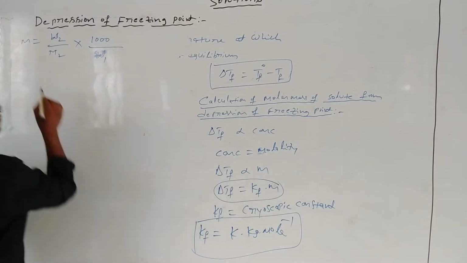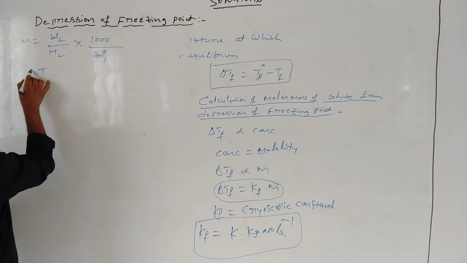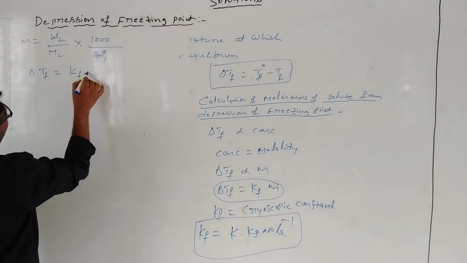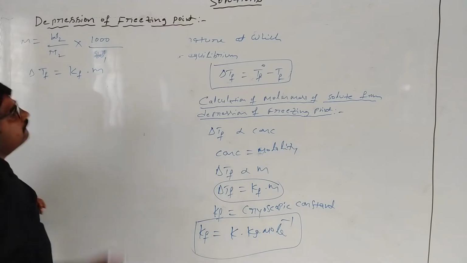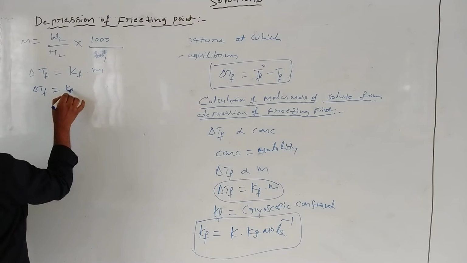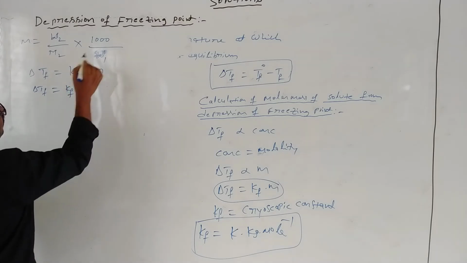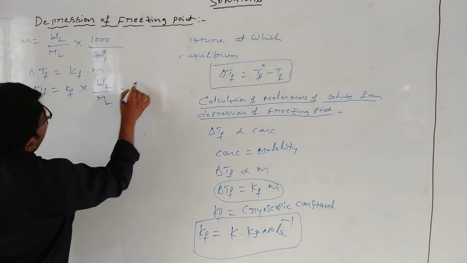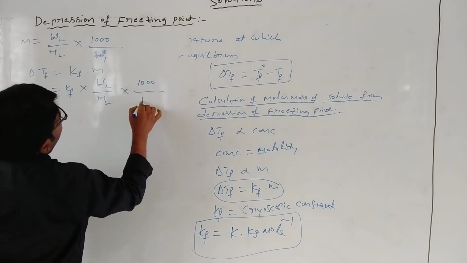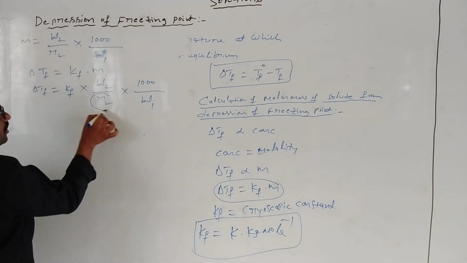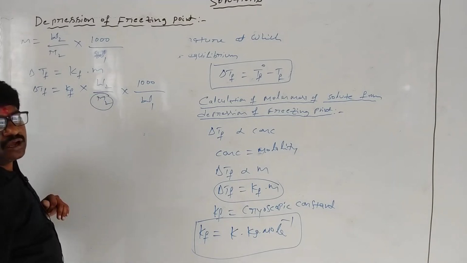Now already you know this relation: delta Tf is equal to Kf into molarity. That means delta Tf equals Kf into W2 by M2 into 1000 by W1. Here M2 is the molecular mass of solute.